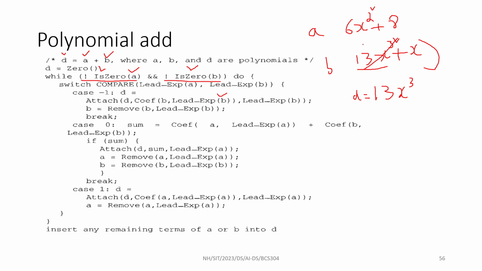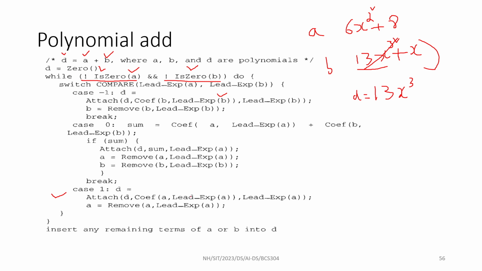Repeat this step. Again, is A 0 or is B 0? No. The leading terms of A and B are compared. The leading term of A is 2, the leading term of B is 1. 2 and 1 are compared. 2 is bigger than 1, returns 1. That means which term do you have to attach? In this case, the A term, not the complete thing, just the leading term.